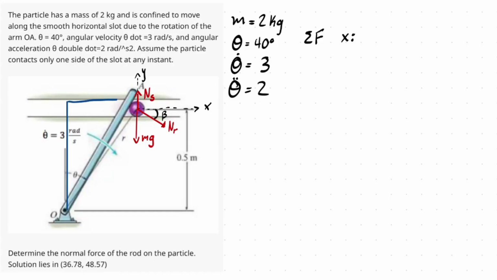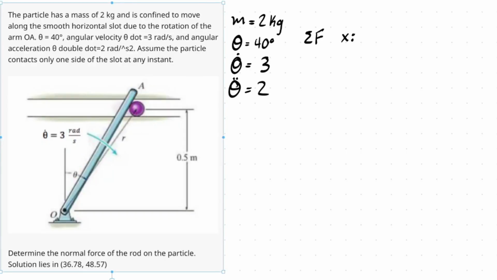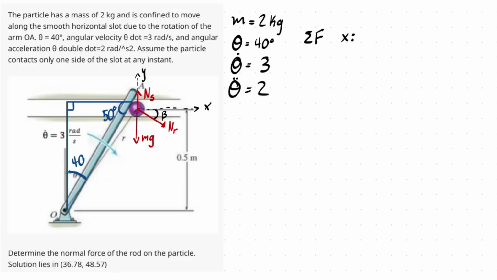So that's where it contacts. This is 90 degrees, and we know this angle is 40, right? So the angle that contacts with this rod has to be 50. The interior angles add up to 180, and since we know that one is 50, and this has to be 90 just because of the definition of a perpendicular normal force, then our beta also has to equal 40.